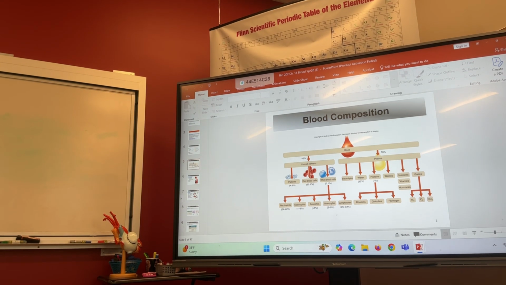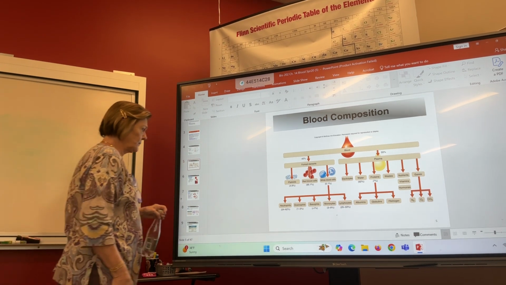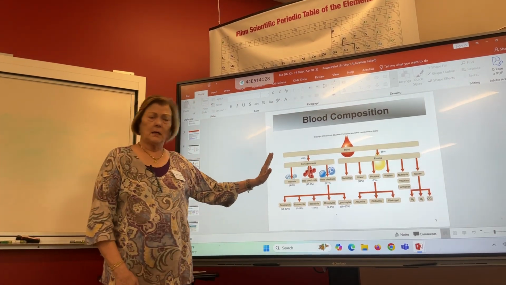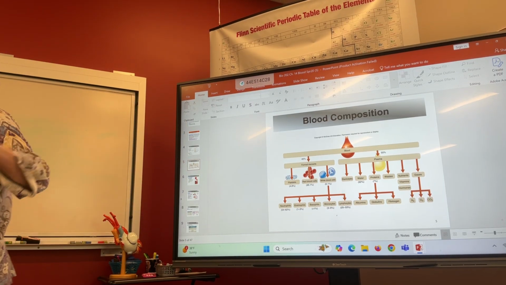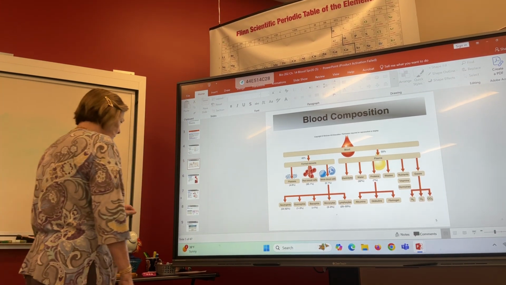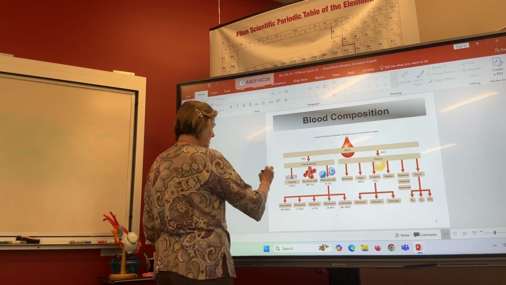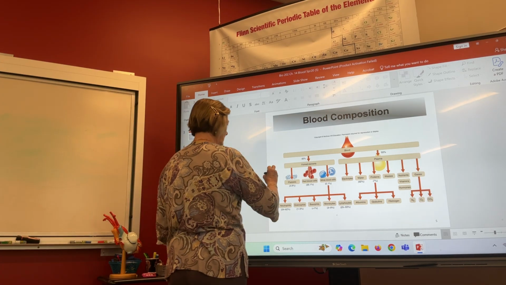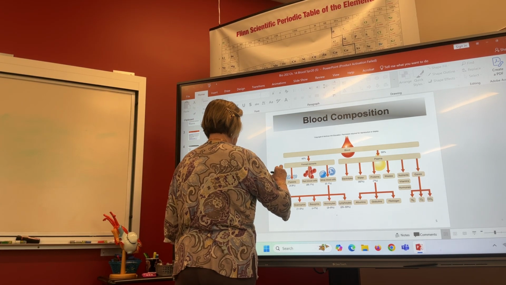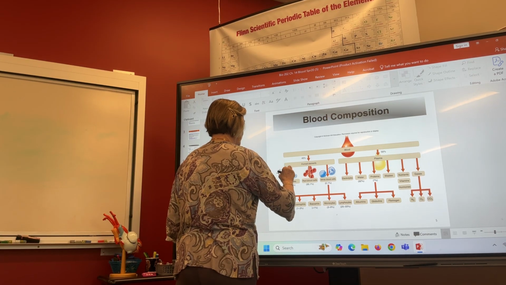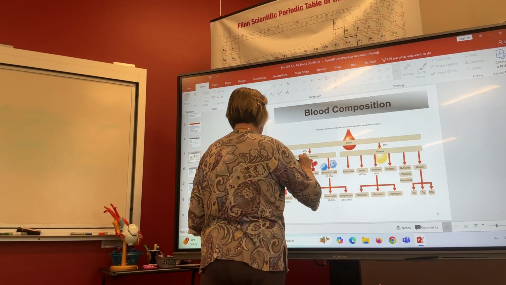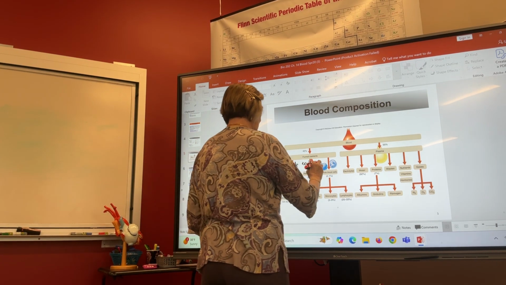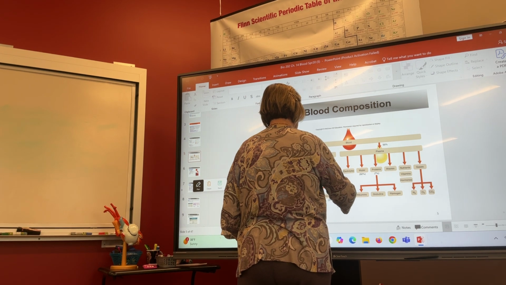Let's see. What else? That'll do for now. So on this page, if you have it, or when you decide that you are going to do it, I would like for you to write those words. Up here, you're going to put thrombocyte, erythrocyte, and leukocyte.